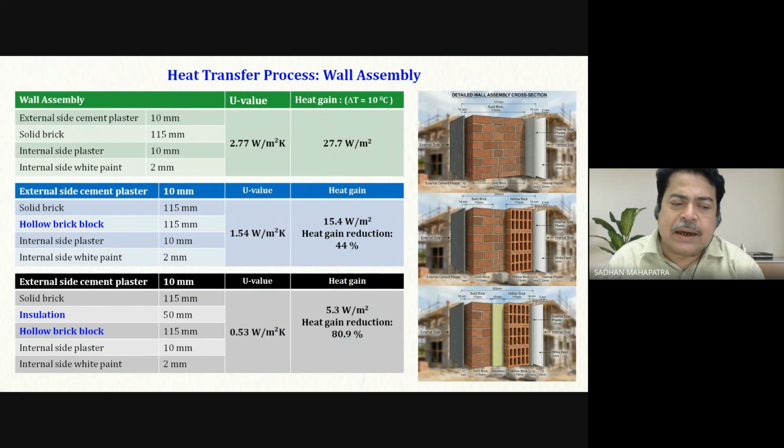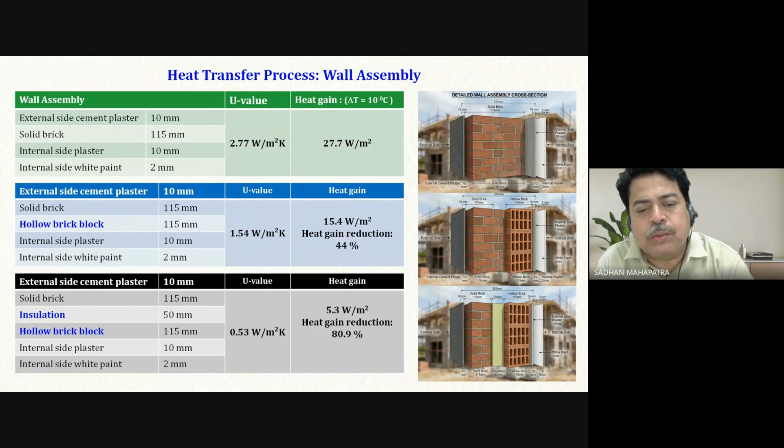Let's look at the third assembly. Same, we have a solid brick, external plaster, then an insulation of 50 mm. Then we have a hollow brick, then again a plaster and then a white paint. In that case, the U value of the whole assembly has come down to 0.53 watt per meter square Kelvin.